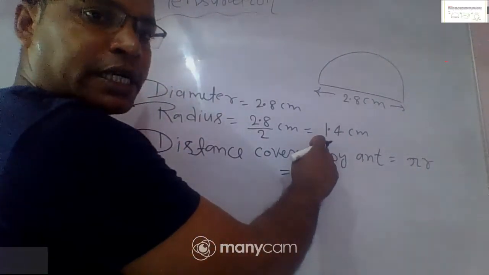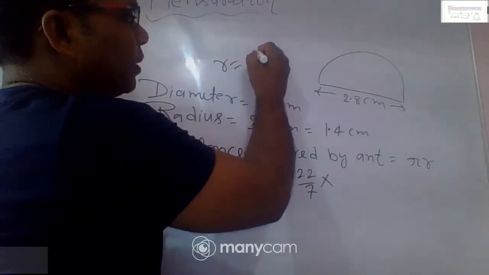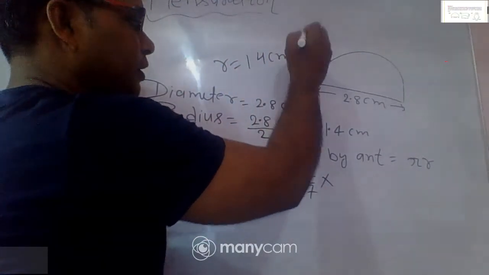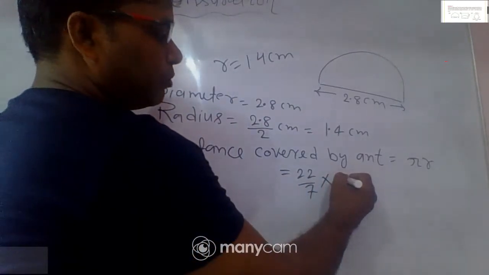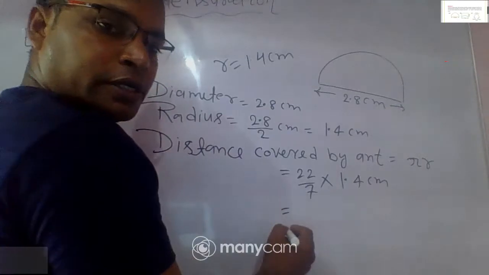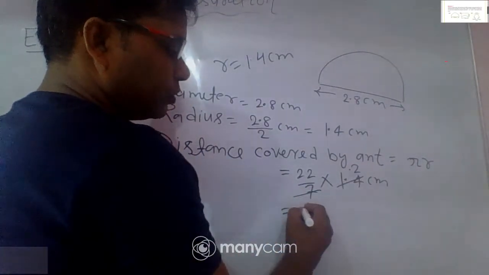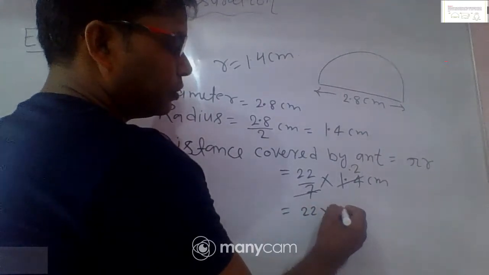Clear? So the value of pi is 22 by 7, into r, the radius. R is equal to 1.4 centimeters, so you write here 1.4 centimeter.